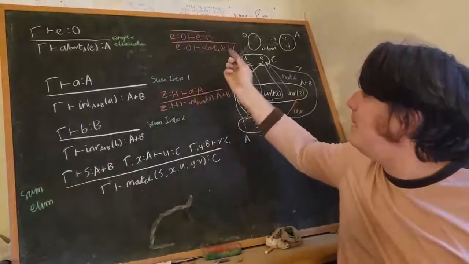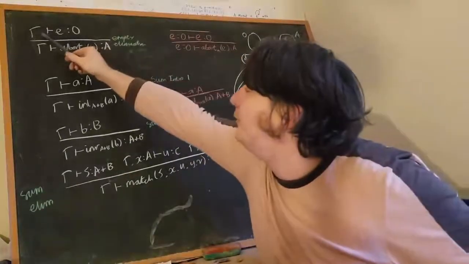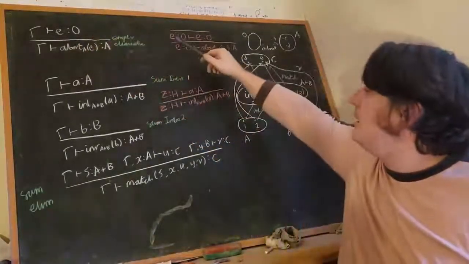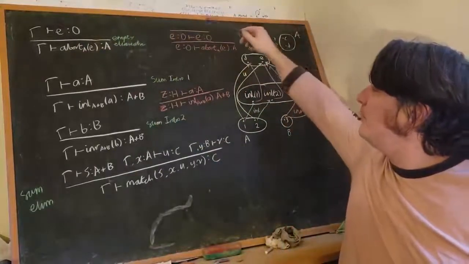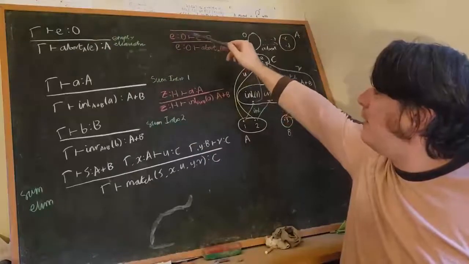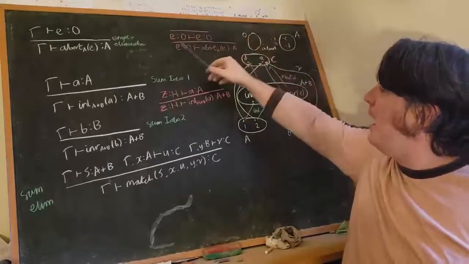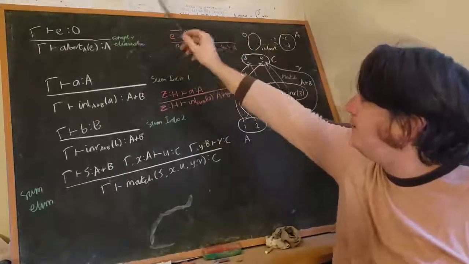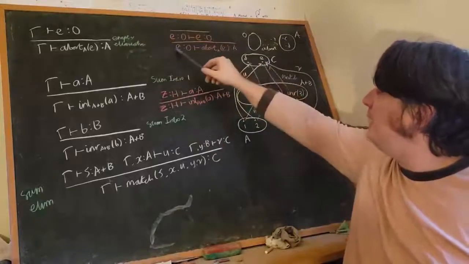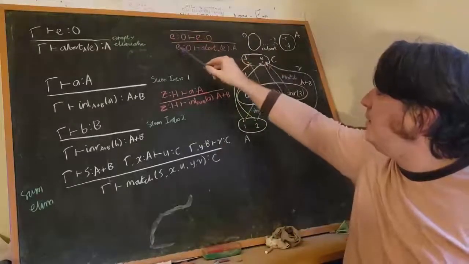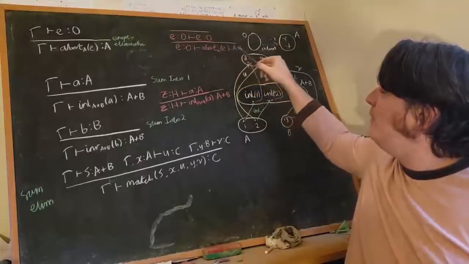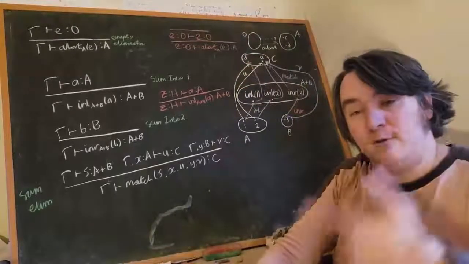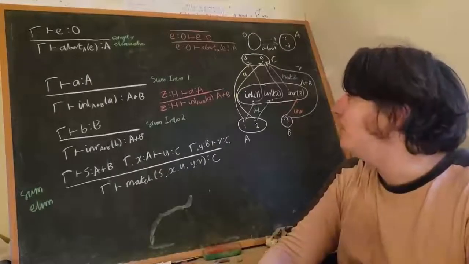We can see that by looking at a special case where the context gamma is just E of type 0. Then from the variable rule, we get that E of type 0 entails E of type 0, and applying this empty elimination rule gives us this function, which takes in a value E of type 0 and returns a value of type A. So that's defining our abort function.